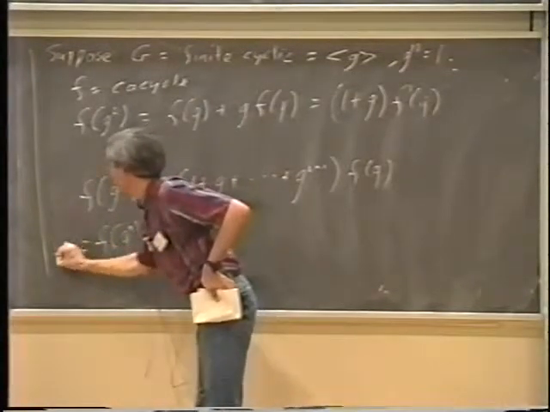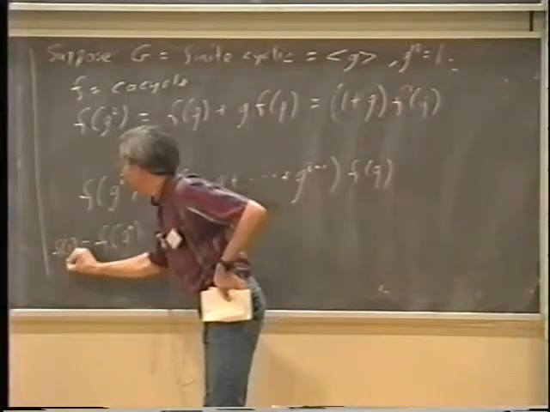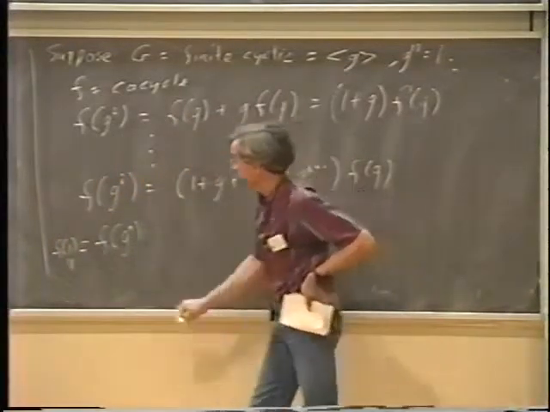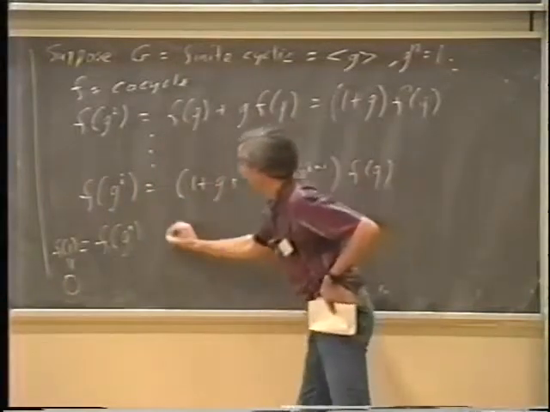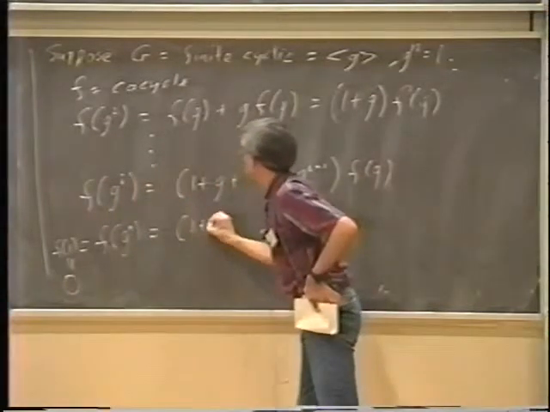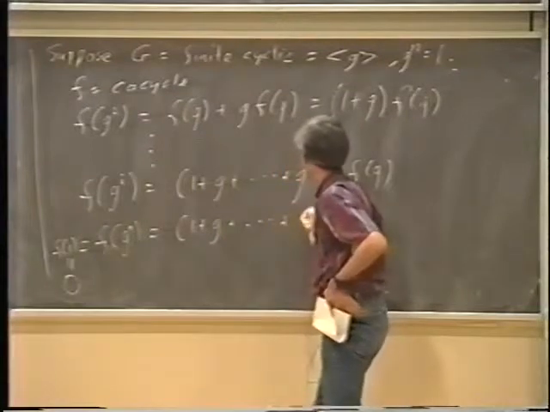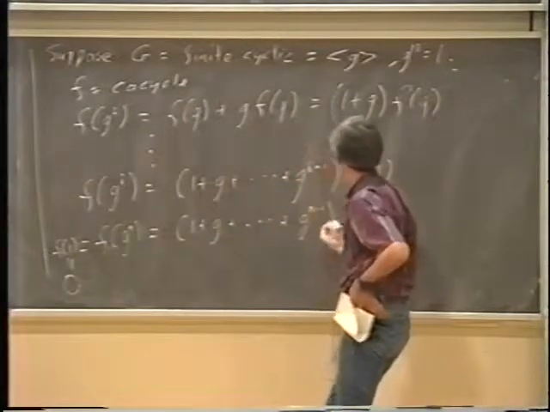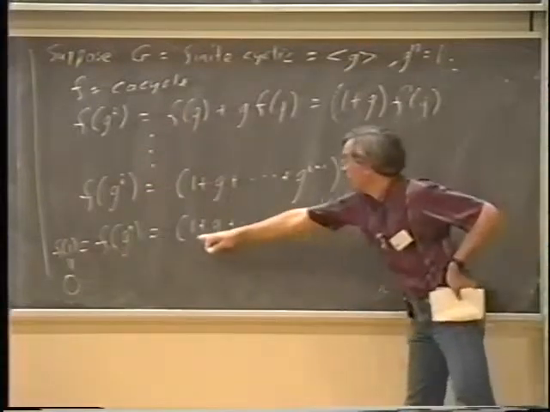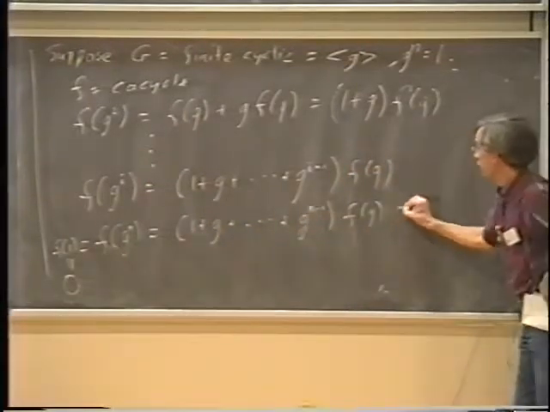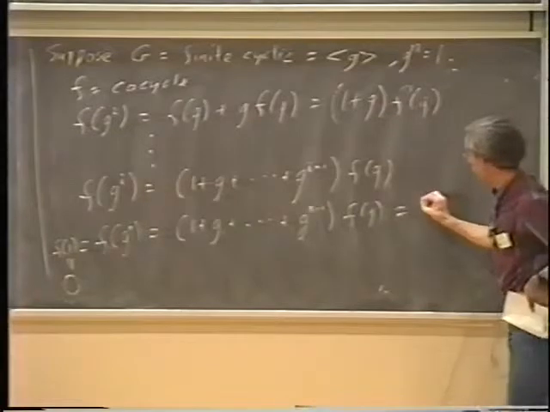Well, that's the same thing as f of 1. And it's very easy to deduce from the cocycle relation, the crossed homomorphism property, that f of 1 has to be 0. So that's 1 plus g up to g to the n minus 1 times f of g. Well, this is just the sum of all the elements in the group. I guess I probably should call it trace, but I'm going to call it norm.